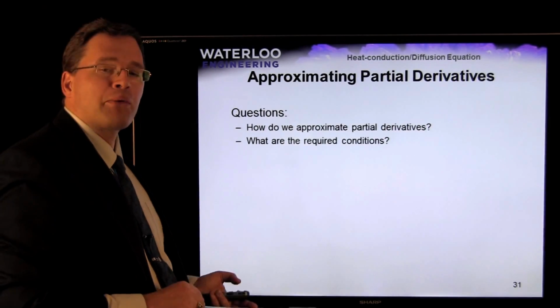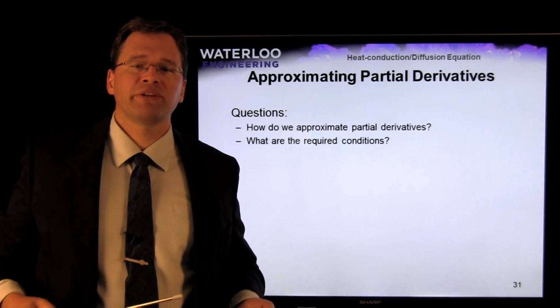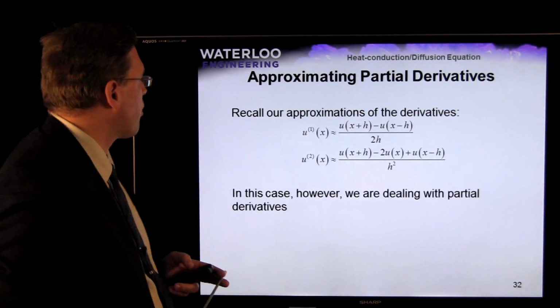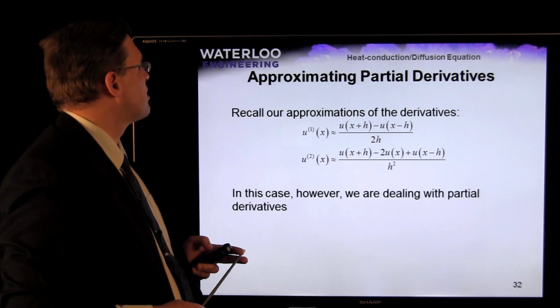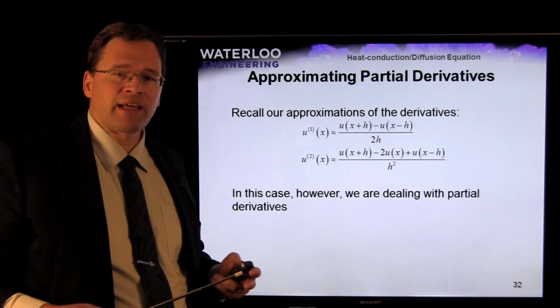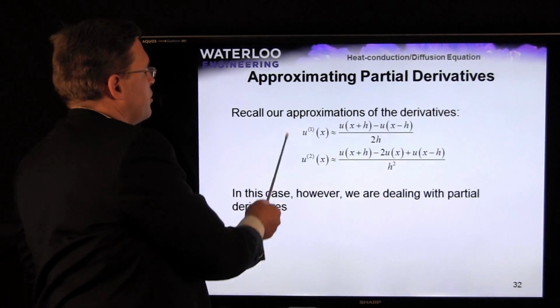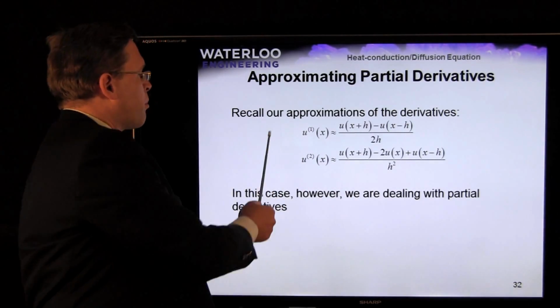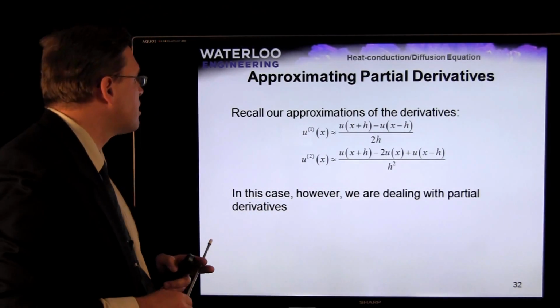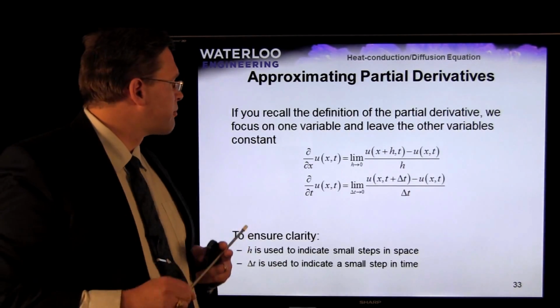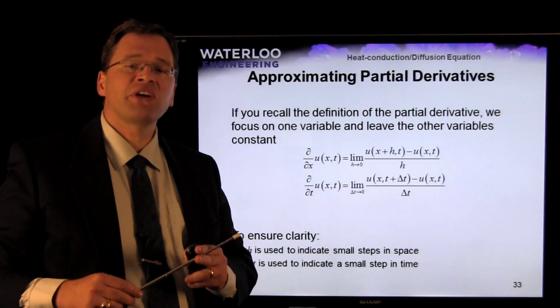Now, how are we going to approximate these partial derivatives, and what are the required conditions? Well, first of all, recall that our approximations of the derivative came from the last class. So we could approximate a derivative using the centered divided difference formula both for the first and second derivatives. However, in this case, we're dealing with partial derivatives. But remember that the definitions of partial derivatives are very similar.